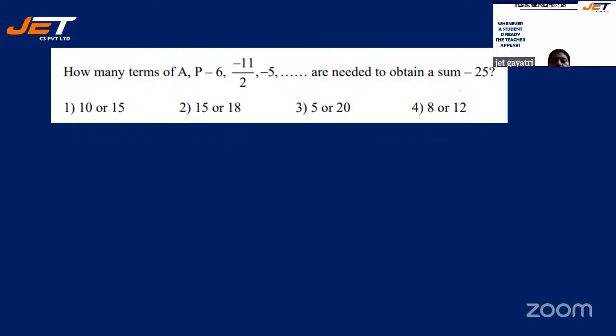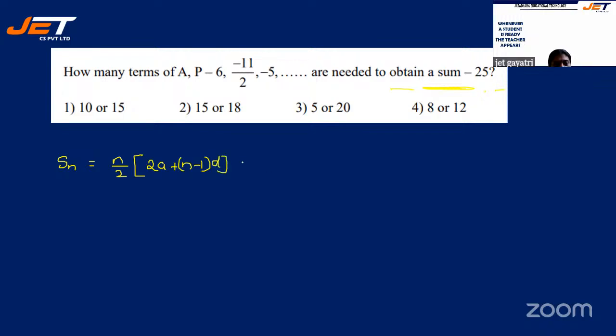So this is the sum of minus 25. So sum of minus 25 means Sn. What is the Sn formula? n by 2 into 2a plus n minus 1 into d.